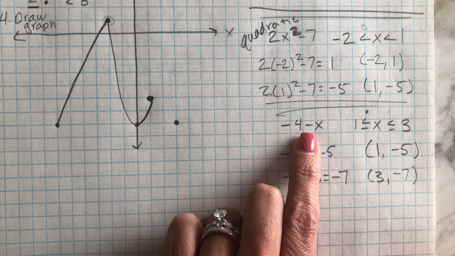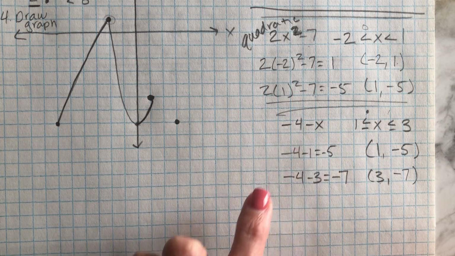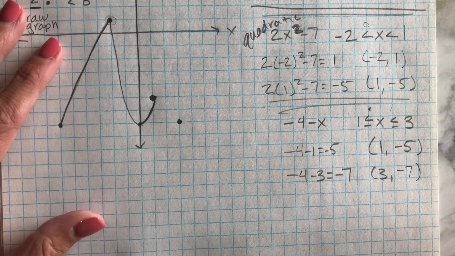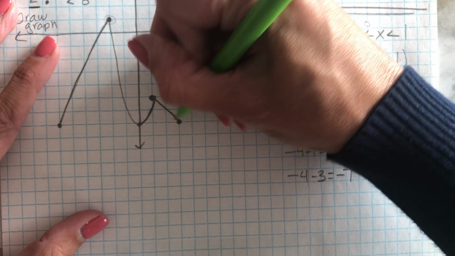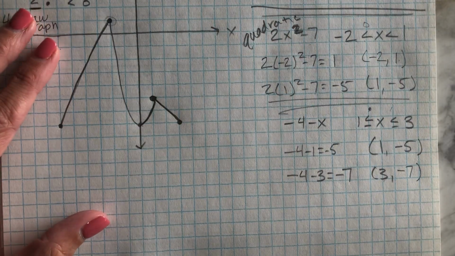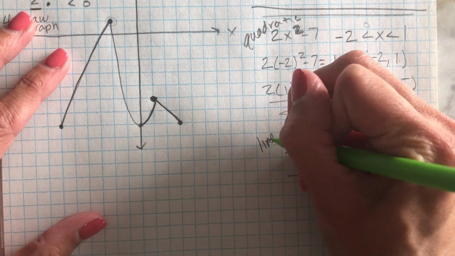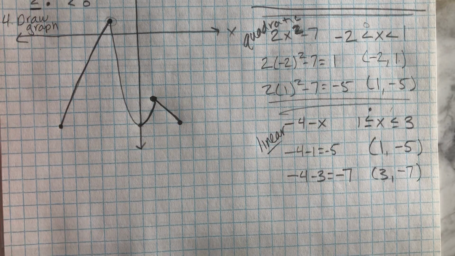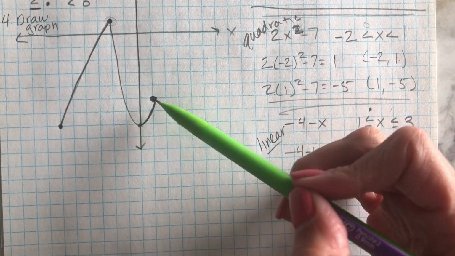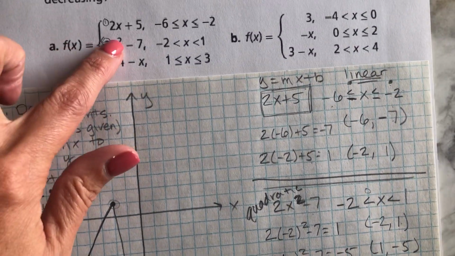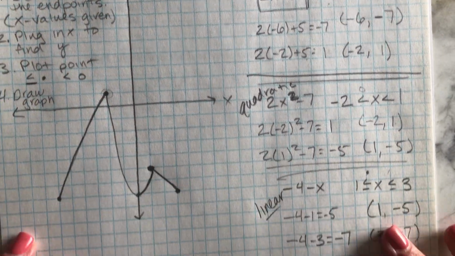That would be your b. Your m would be -1. Negative slopes go down. So we did that right. Just connect your dots, straight line, since it's linear. All right, and then that's done. You've graphed it. This is what the graph of this piecewise function looks like.